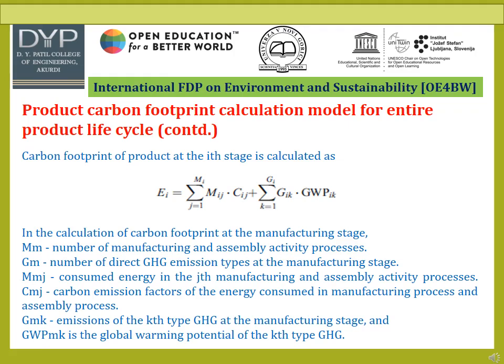MMJ will represent consumed energy in the jth manufacturing and assembly activity process. CMJ will represent carbon emission factors of the energy consumed in the manufacturing and assembly process. GMK represents the emission of the kth type greenhouse gas at the manufacturing stage, and GWPMK is the global warming potential of the kth type greenhouse gas.